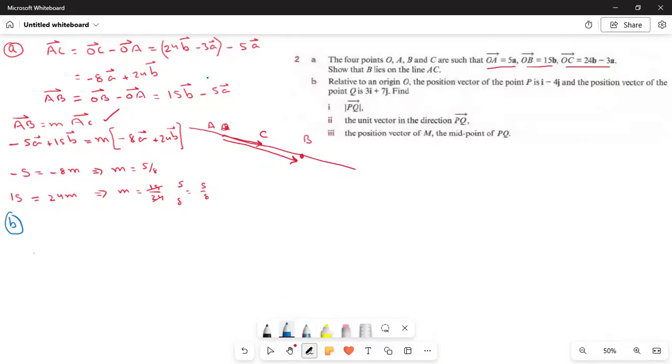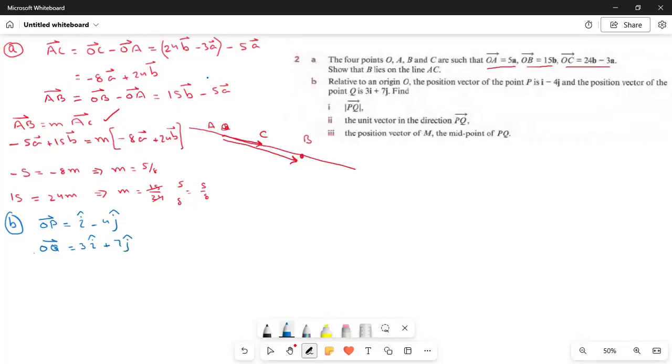Relative to an origin O, the position vector for point P is I minus 4J. So OP is given as I minus 4J, and the position vector for the point Q, so OQ, is equal to 3I plus 7J.